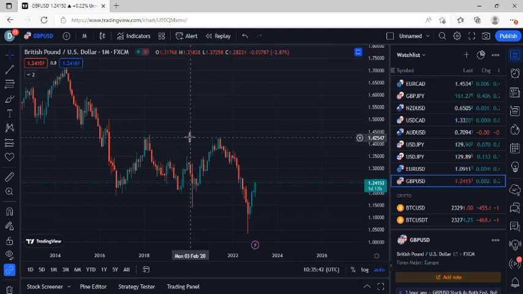So when you get the trend direction right, even when your execution is wrong, that is, when you make a mistake during your execution or your entry, you will still be able to manage the trade and get out of it.